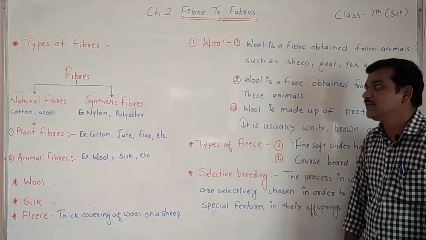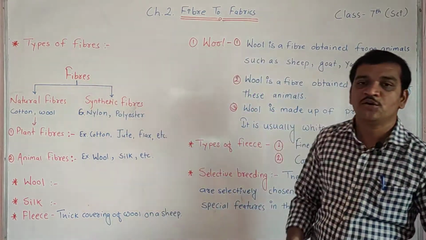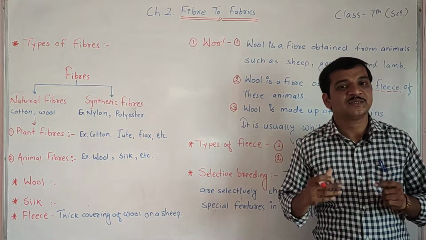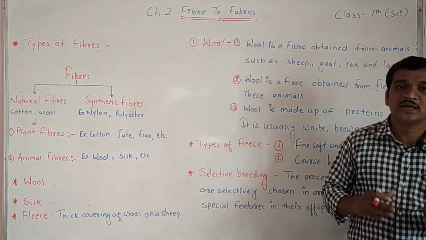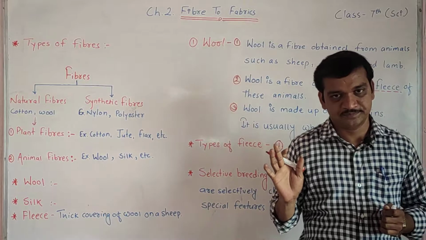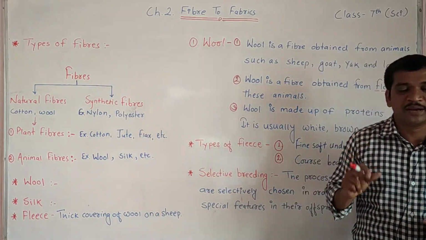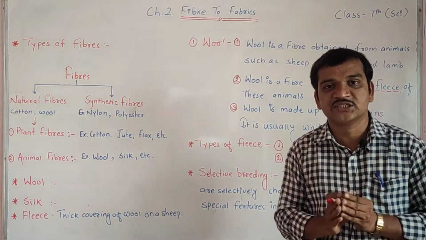Now the second type of fibers, synthetic fibers. What is meant by synthetic fibers? Synthetic fiber is also called man-made fiber, chemical fiber, or artificial fiber. These fibers are made with the help of chemicals in industry.